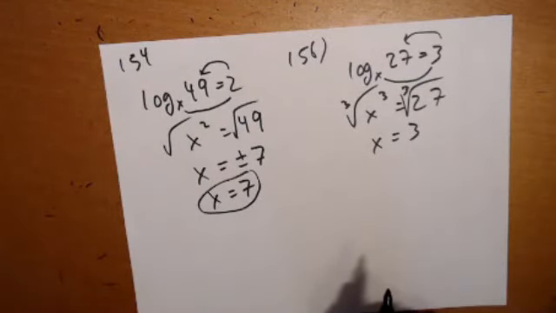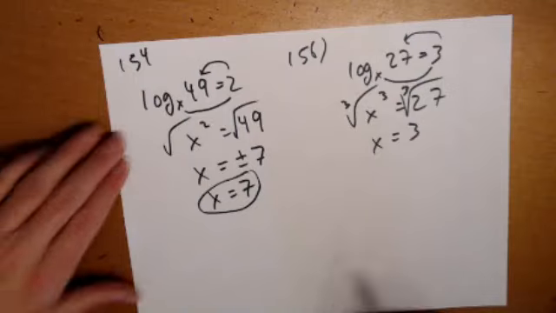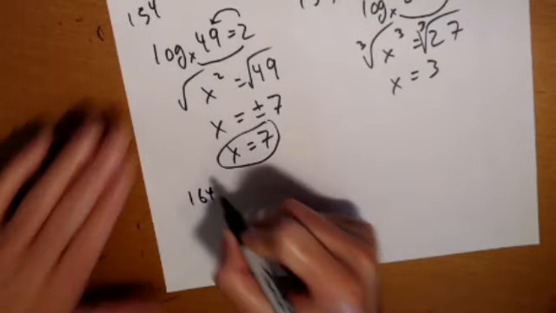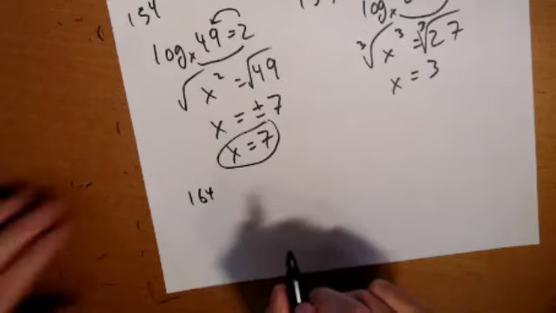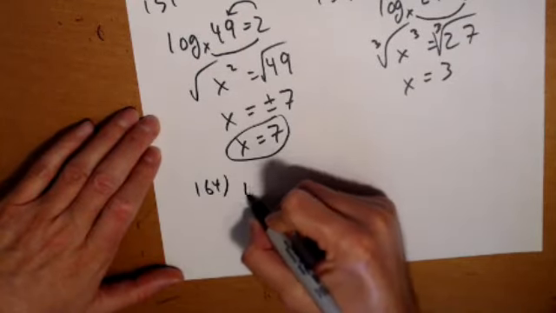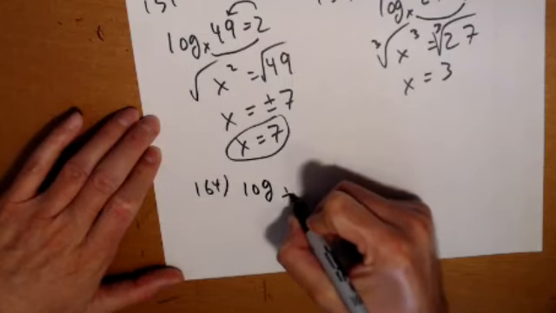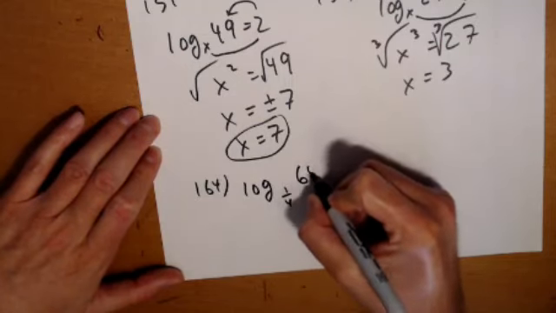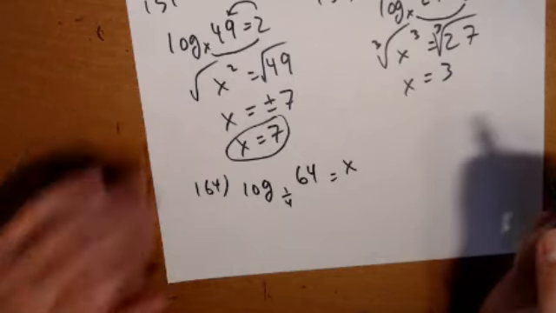Okay, do they get more difficult? Let's try 164. Oof. Log base 1/4 of 64 equals x.